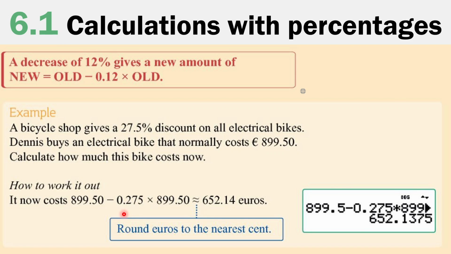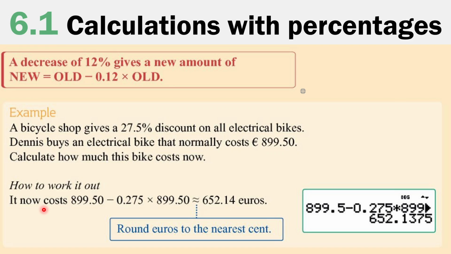So it's going to be the old price, 899.50, minus 0.275 times the old price, which is approximately, because we round in euros to the nearest cent, 652.14. This is the answer your calculator gives you. Remember, for money, we always round to cents.